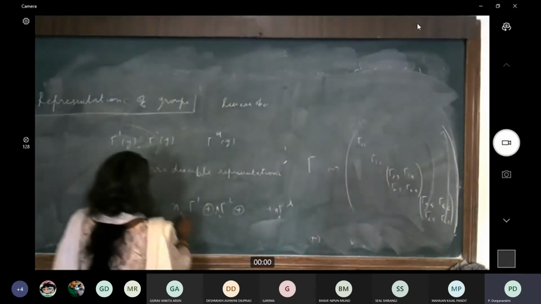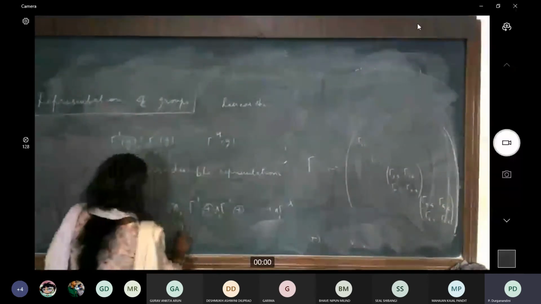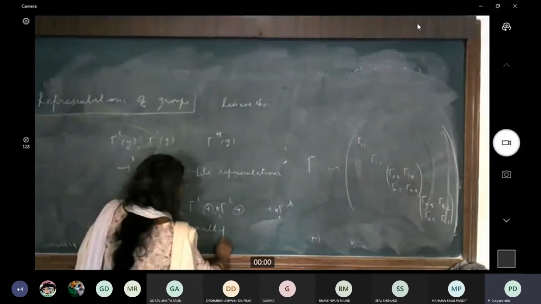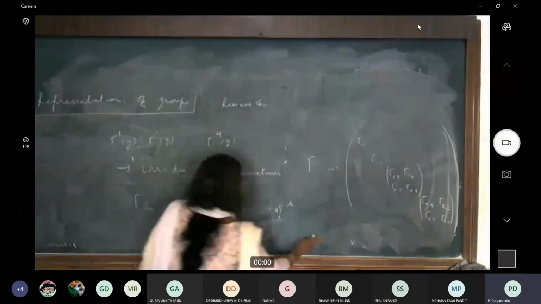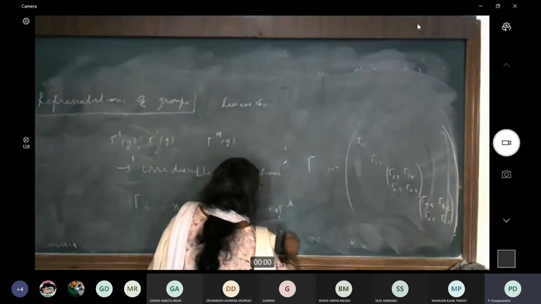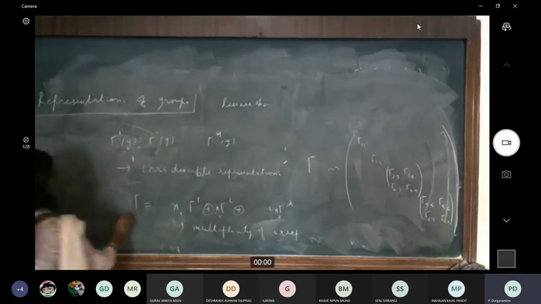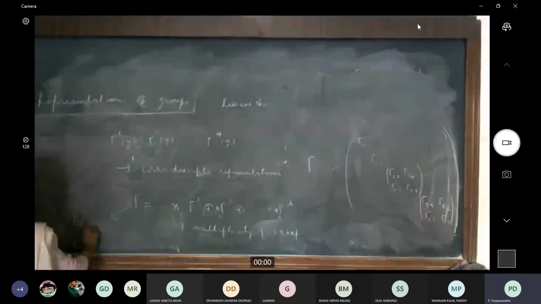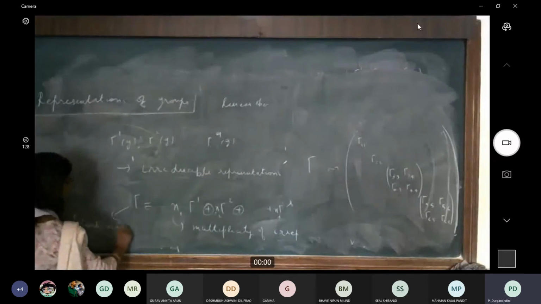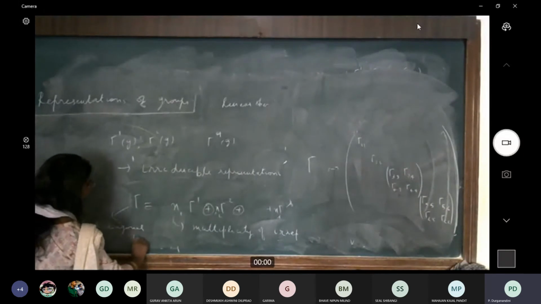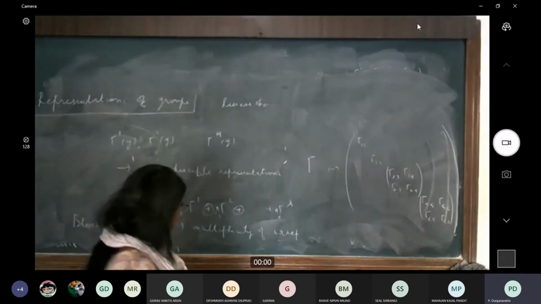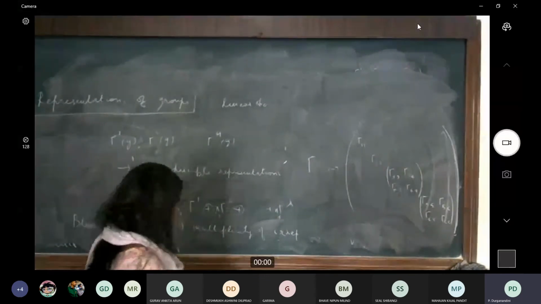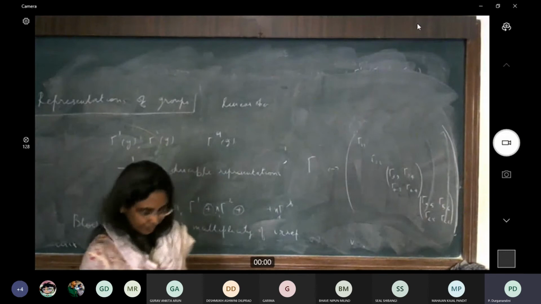So these n1 to ns are what are known as the multiplicities of the irreducible representations, usually called irreps for short. So construct the gammas, write them down in terms of these irreducible representations, and it is also important to know the multiplicity of each representation.